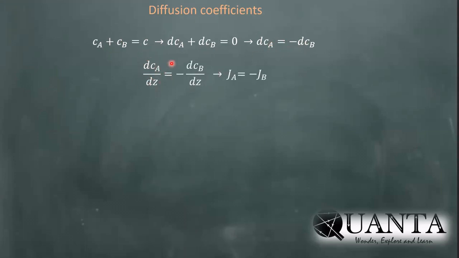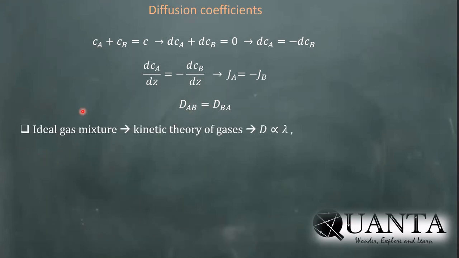If you look at the concentration gradients over the same distance, the gradients are equal in magnitude for the two components, so their fluxes should also be equal, because according to Fick's laws, the fluxes of the components are proportional to their concentration gradients. This implies that the diffusivity of A into B is equal to the diffusivity of B into A. This is an important result. It indicates that the diffusivity is actually a property of the mixture rather than a property of component A or component B.